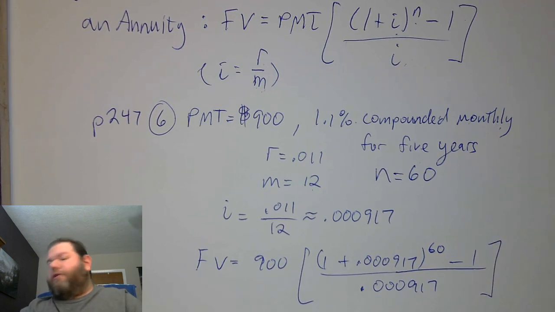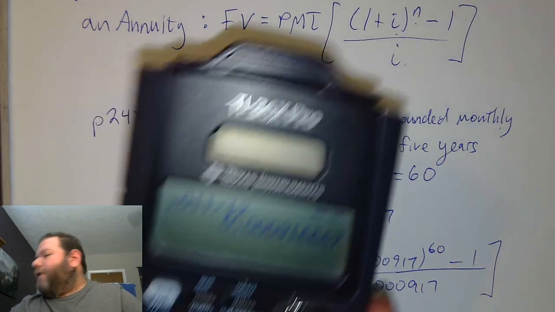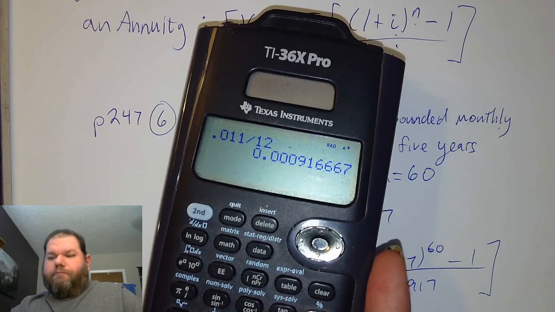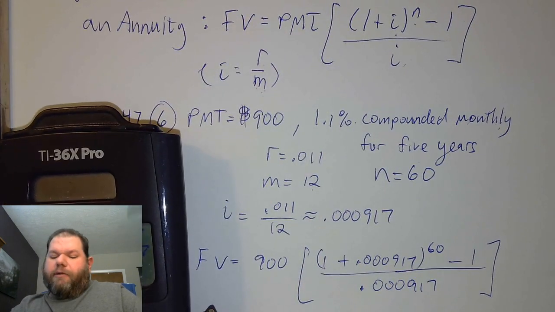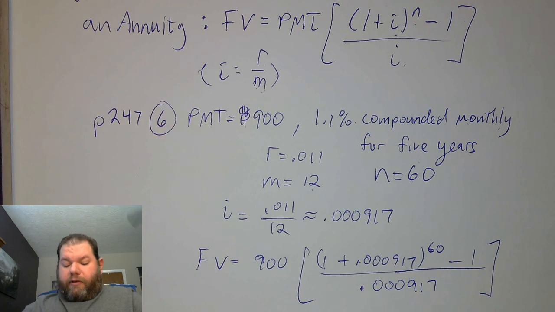And that should be adequate as far as approximating that number. If you look at the actual value of I, it's something like that. So I just made it 0.000917. Now when we enter that into the calculator, that's the other issue.